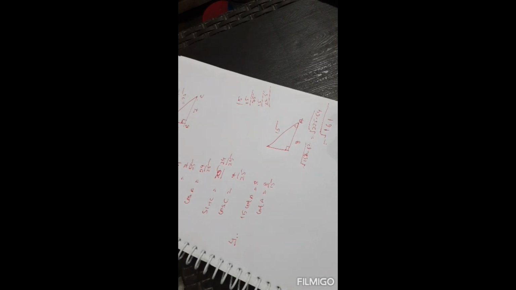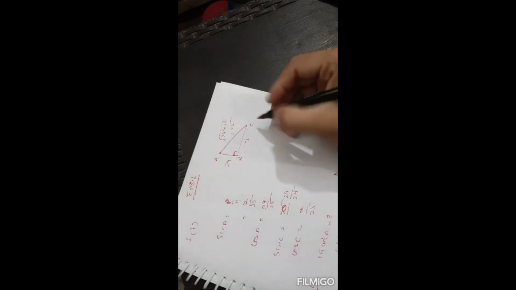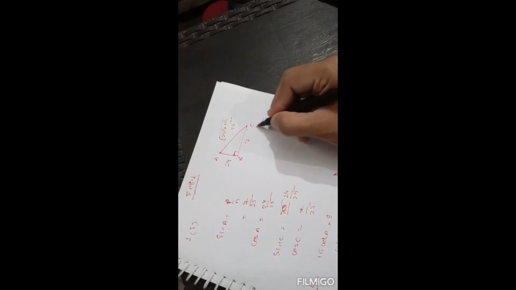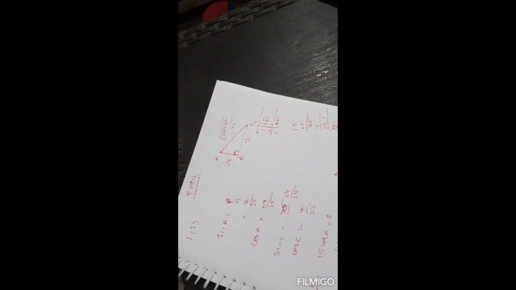So square root of 161 will be 161. 1 1 ja 1 0 61. Okay.